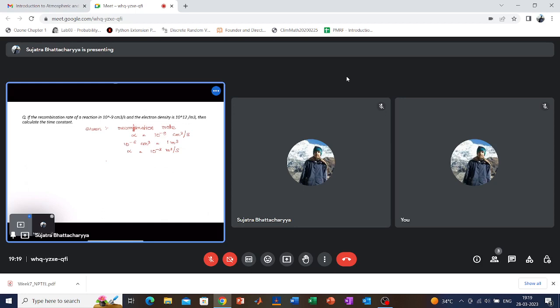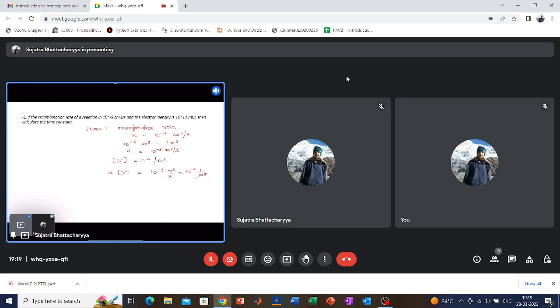And the electron concentration is given to be 10 to the power 12 per meter cube. Therefore, if we combine alpha into the electron concentration, this becomes 10 to the power minus 3 meter cube per second into 10 to the power 12 per meter cube.